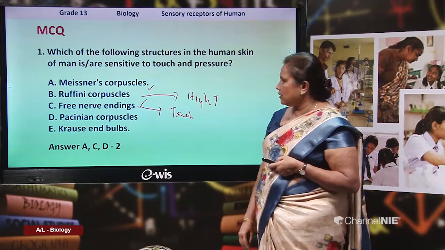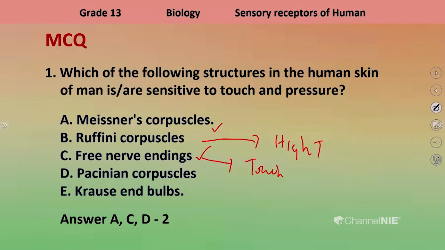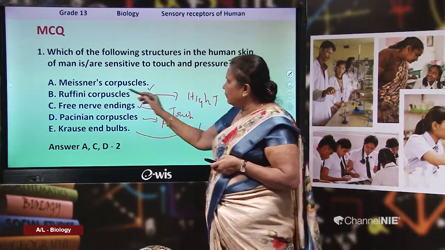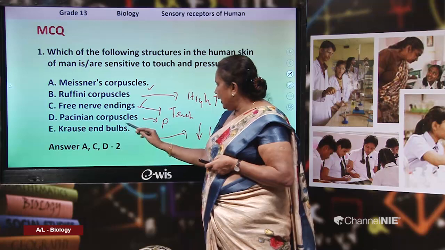Pacinian corpuscles are for strong pressures. But Krause's end bulbs are normally used for detecting low temperatures. Therefore, the answer would be A, C and D.